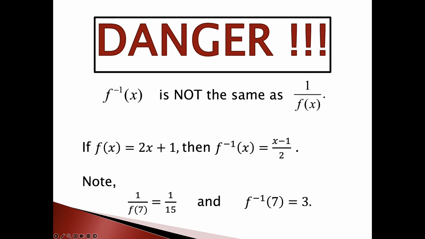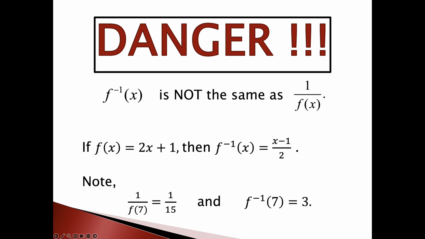Because think about 7. If I plug 7 into f, it gets doubled and 1 added to it, so that turns out to be 15. So 1 over f is 1 over 15. But f inverse of 7 isn't 1 over 15. Let's think about this. What number will get turned into 7? It's 3, because 2 times 3 plus 1 gives you 7.